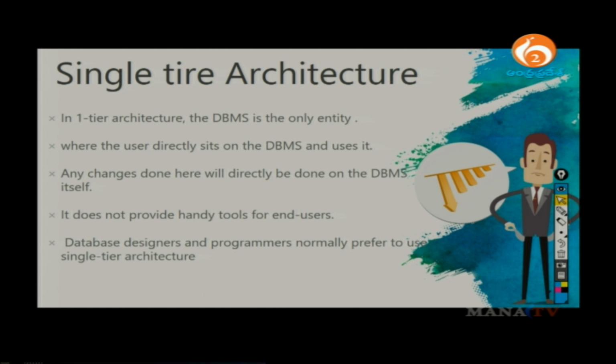Any changes done here are done directly on the DBMS itself, right. It does not provide handy tools for end users. Database designers and programmers normally prefer a single tier architecture when it is installed only on a single machine. I will tell you the best example of this, right.